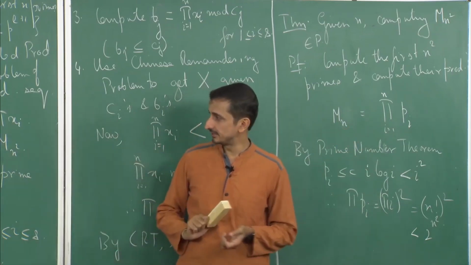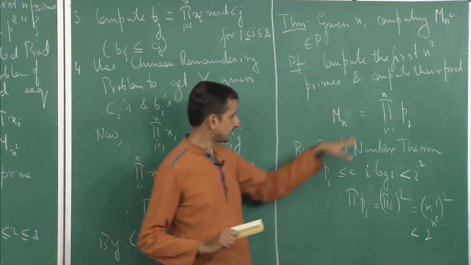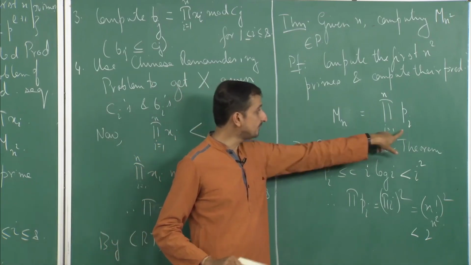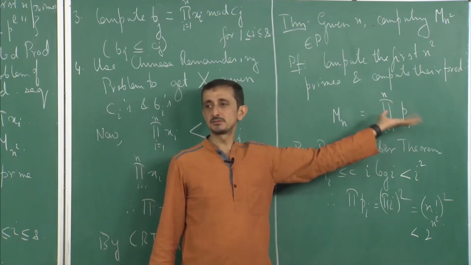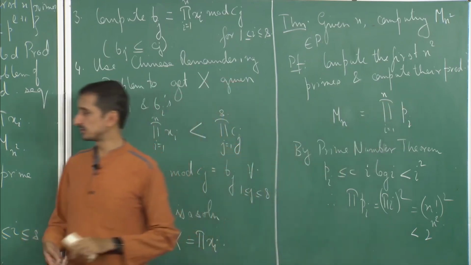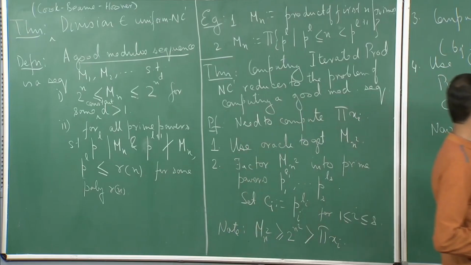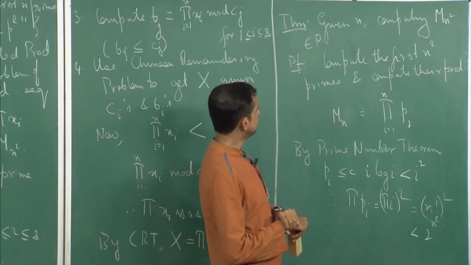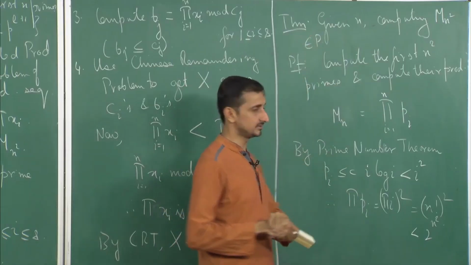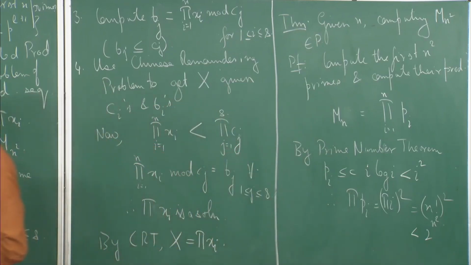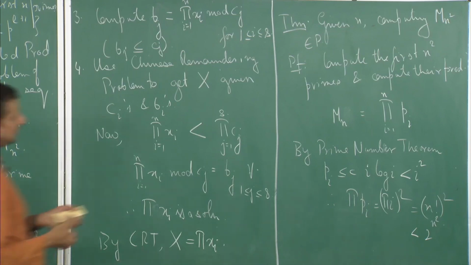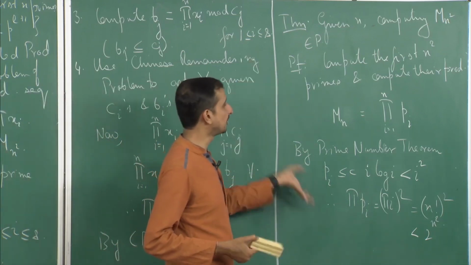Okay. So the other condition is also satisfied, and by the prime number theorem, once again the only factors are the primes. Each prime is bounded by n log n. N log n is of course a polynomial, so it is satisfying the next condition also. So this is basically showing that computing the first n primes gives us a good modulus sequence. And now essentially what we are doing is we are doing this in polynomial time.